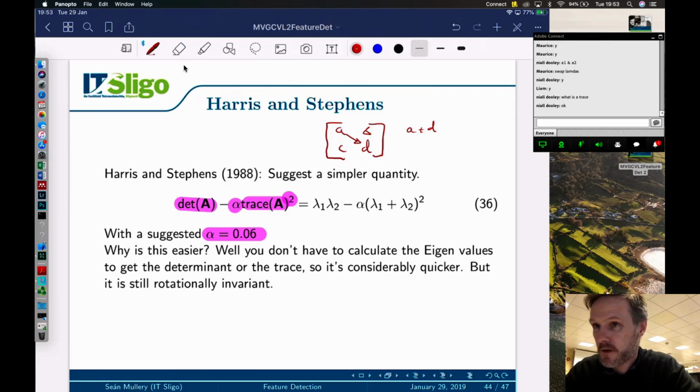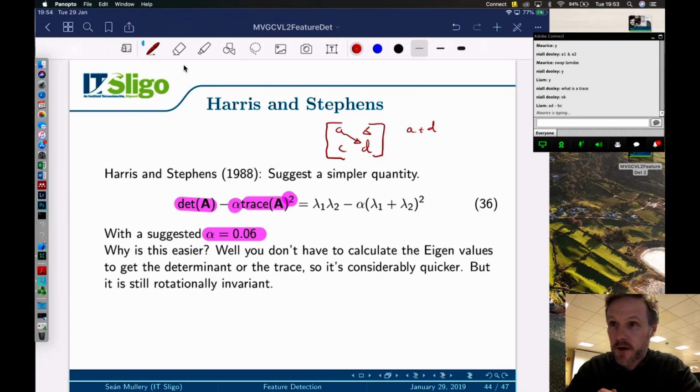How do I get the determinant of a 2 by 2 matrix? Yeah, which again is going to be very, very fast to do. Just multiply some numbers, subtract, you're done. So that's pretty quick too.